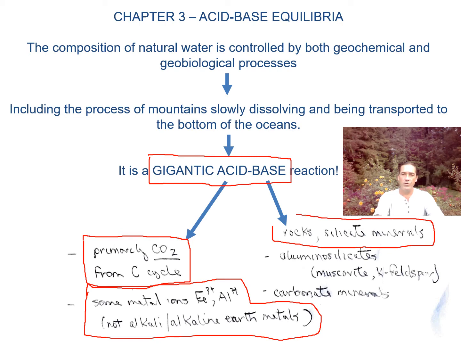A lot of the constituents in the continental rock, such as silicate and carbonate, behave like bases. And so these two things come together during precipitation over land, and this process is responsible for the composition of the ocean and also the composition of all natural waters.